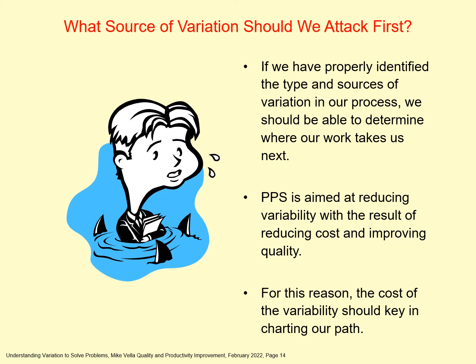The package of tools that we've been talking about in practical problem solving is aimed at reducing that variability, with the result of reducing cost and simultaneously improving quality. For this reason, the cost of variability should be key in charting our path.